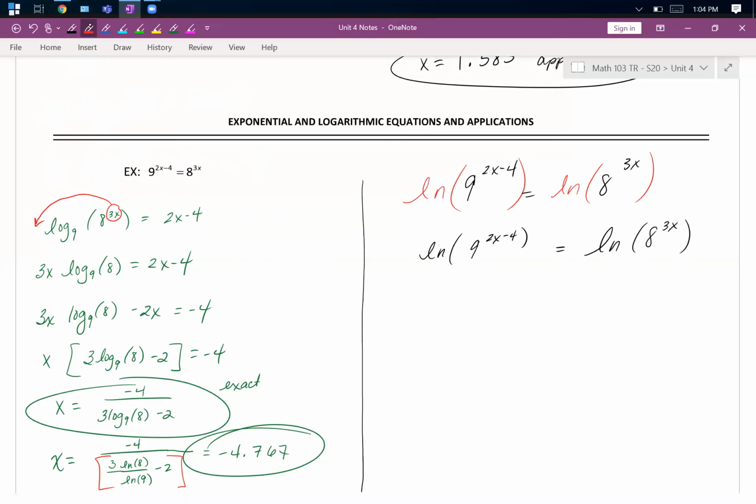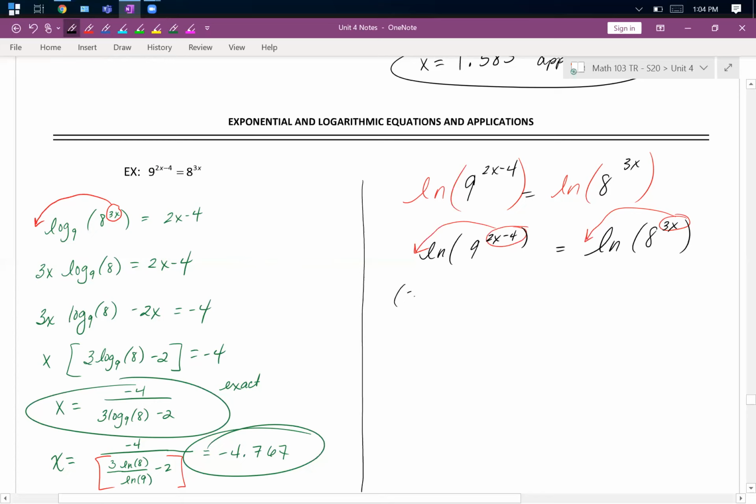We need to get the x's out of the exponent. So again, we are going to use our log property number 7 and bring these out. The first exponent that we're bringing out is a binomial.